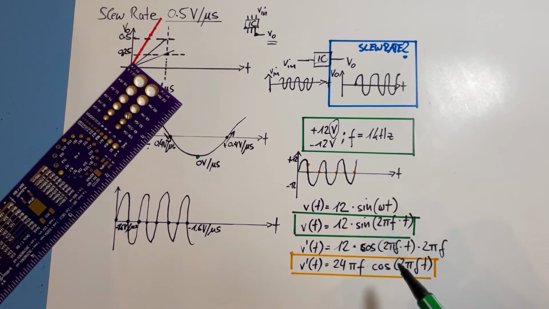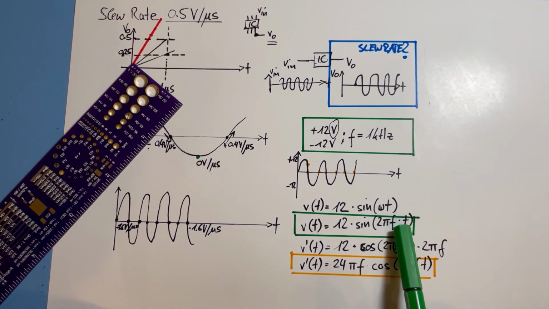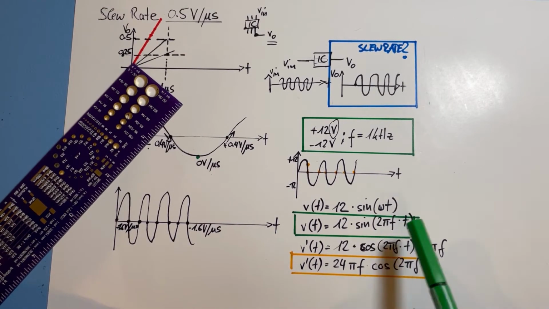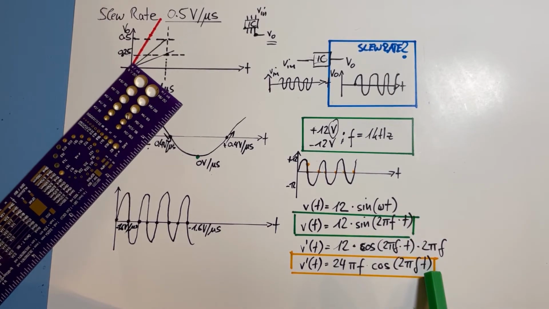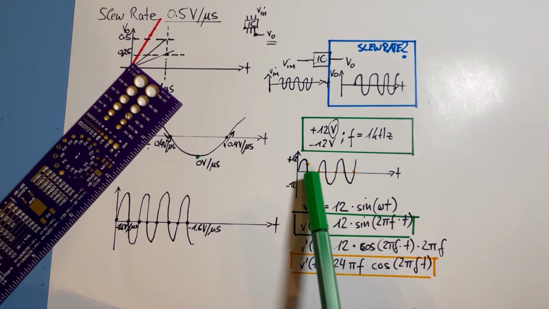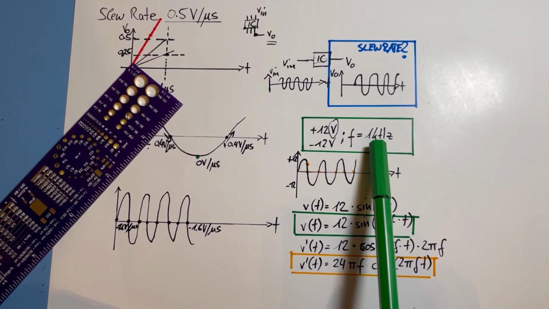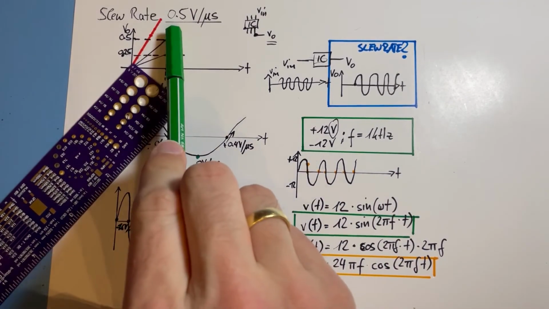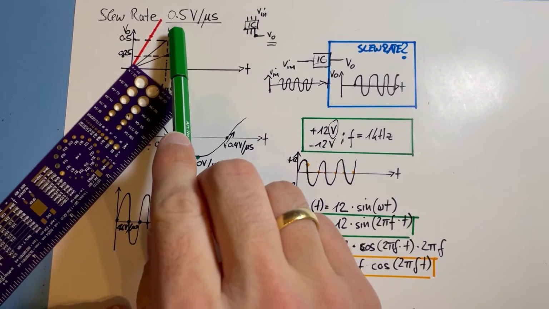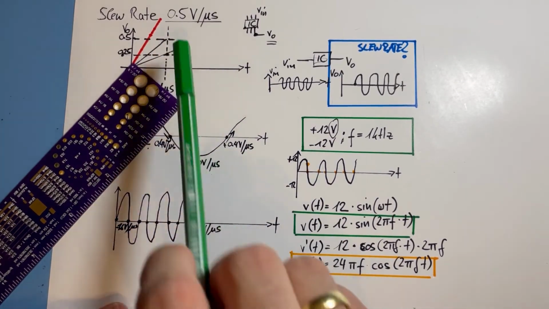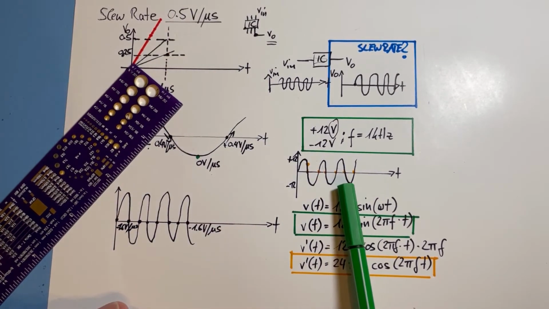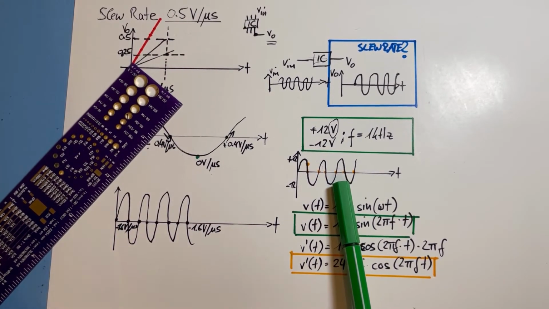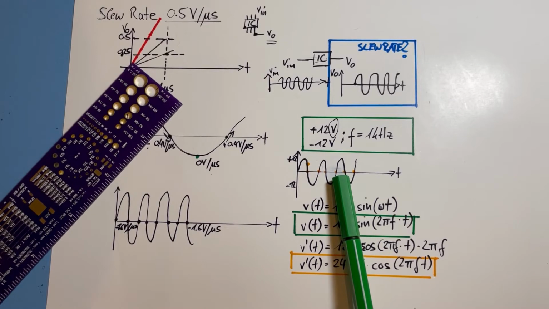When we get that t, we put it down here, and we have the biggest rise and fall of this plus 12 minus 12 and 1 kilohertz function. Then we can compare it to our maximum slew rate of 0.5 volt, and we can see if with this component we can support this signal on the output.